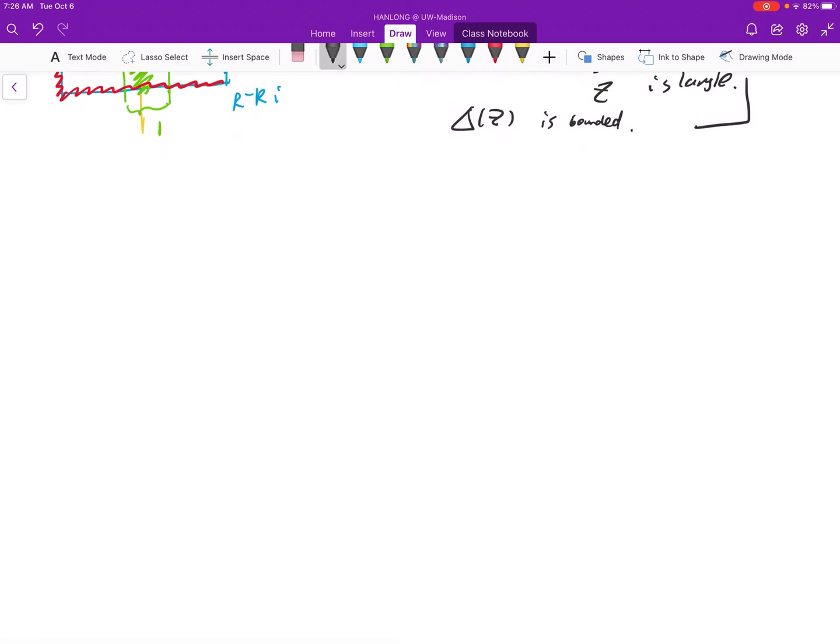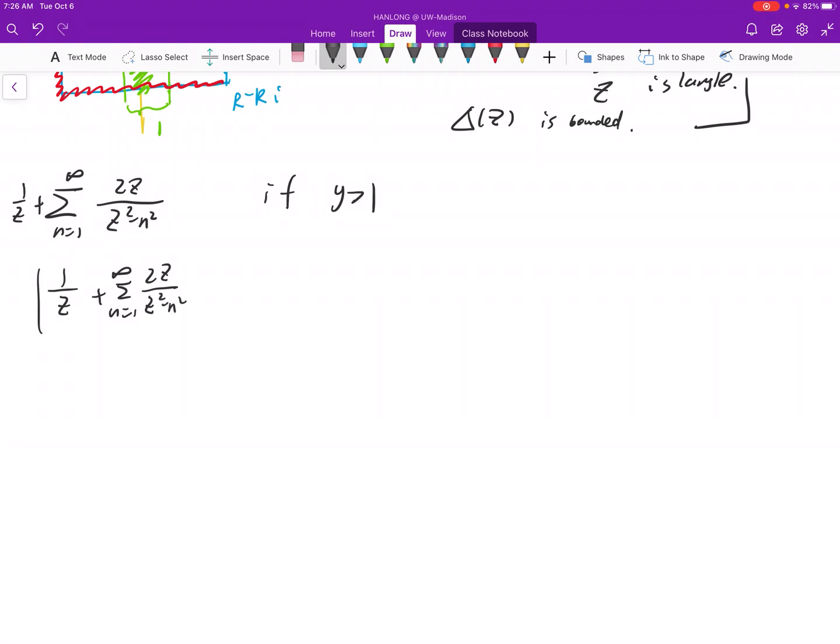Then the next part, look at the series part. We know that if y is greater than 1, then the norm of this one will be less than some constant times the summation of y divided by y squared plus n squared.